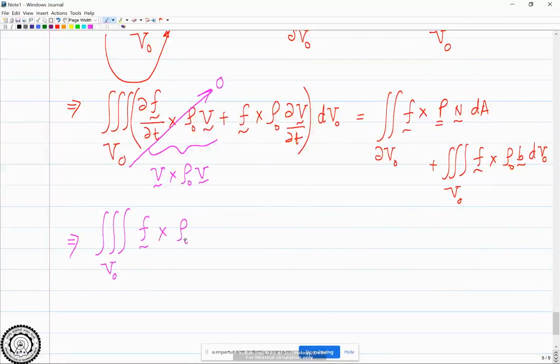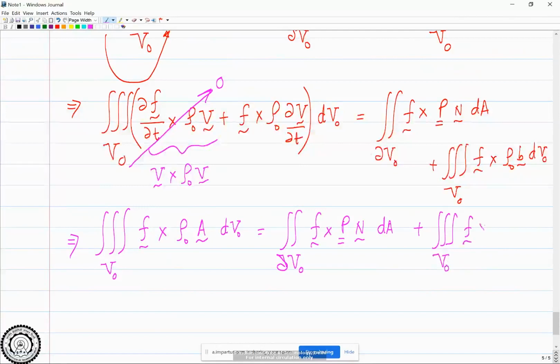So f cross rho naught, and you see what is del V by del t? That's simply acceleration, big A, dV naught, and that's equal to integral over del V naught f cross P n dA plus integral over V naught of f cross rho naught into B into dV naught.